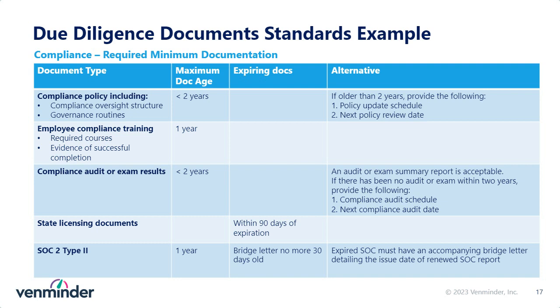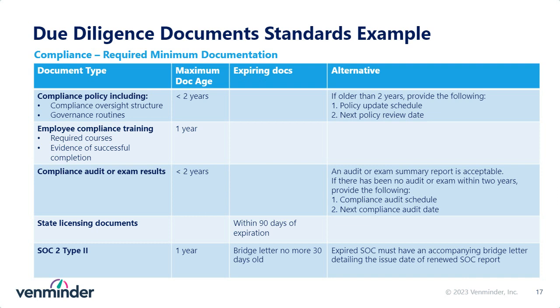Giving this type of list to your vendors can help expedite the due diligence process because your vendor will know exactly what you're asking for and can provide any alternative documents if they don't have access to something. A lot of the time, if you're asking for a very general list of documents, you'll get a lot of follow-up questions from your vendors about what is and isn't acceptable.